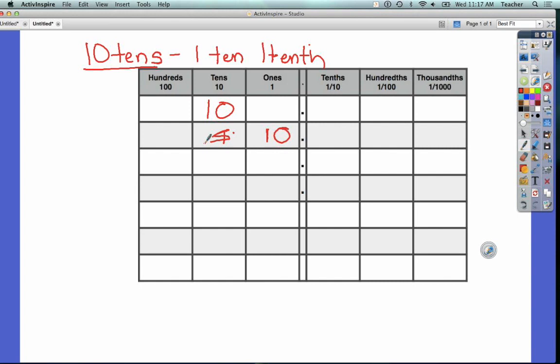I wonder how you solve this problem. It's obviously an issue because you can't have 10 in one column. So what happens when you get 10 in one column? What happens to the number?